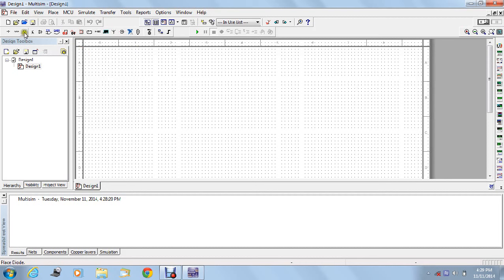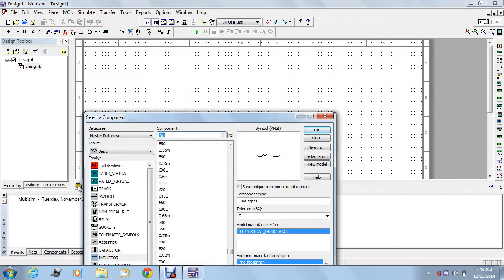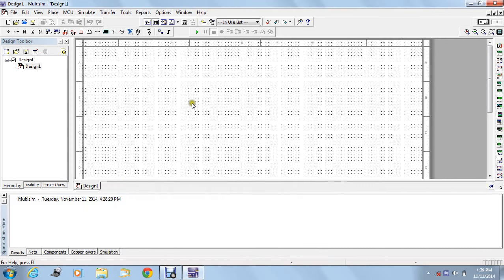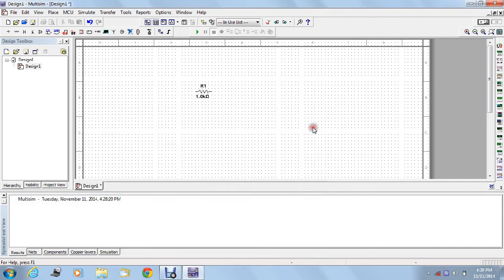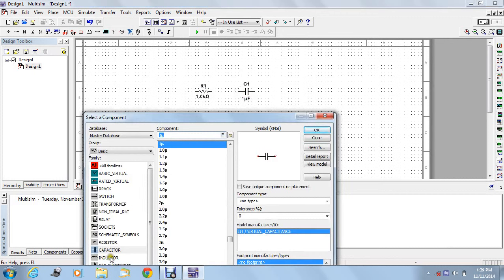So first here, place basic components for the series resonance circuit. For a series resonance circuit we require a resistor. Then we require a capacitor. We require an inductor.